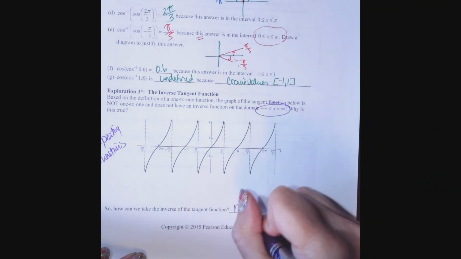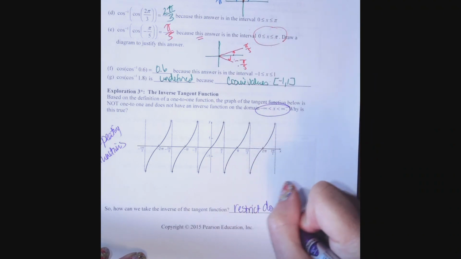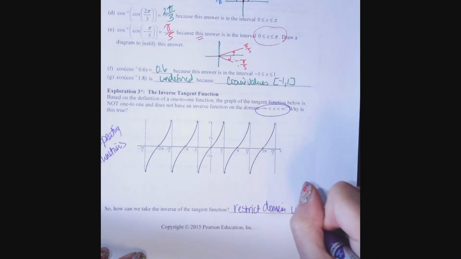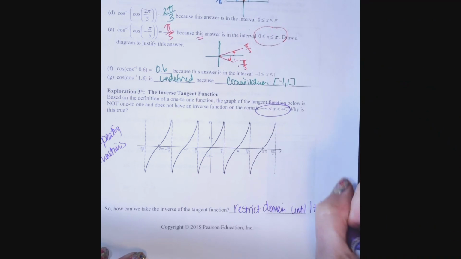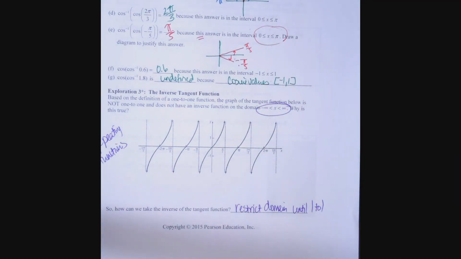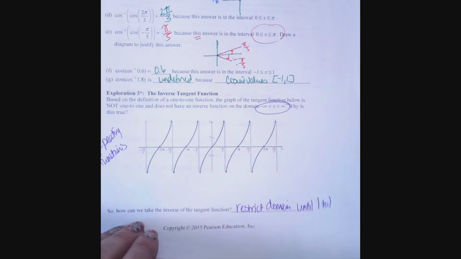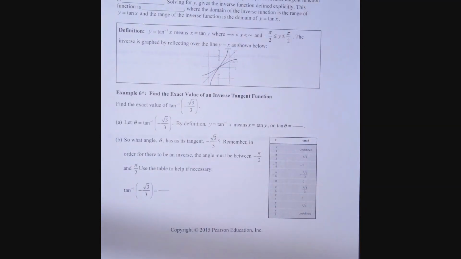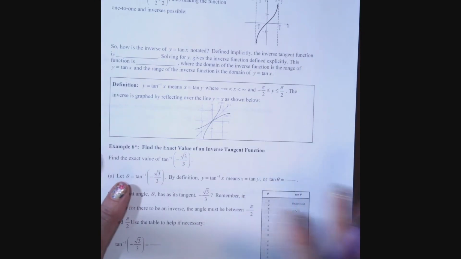So we have to restrict that domain until we have a one-to-one function. Now, our restrictions, we could pick anything we wanted just about, but historically, we have an agreed upon restriction.